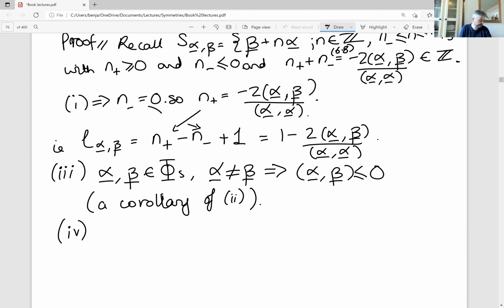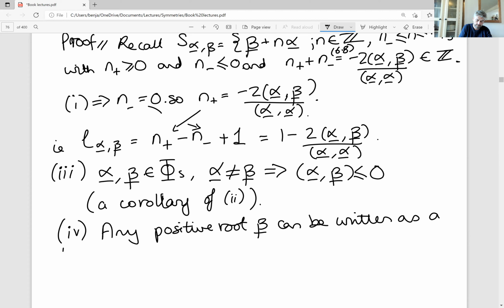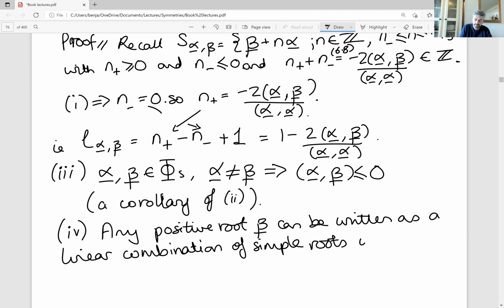So the fourth assertion is that any positive root beta can be written as a linear combination of the simple roots with positive integer coefficients.